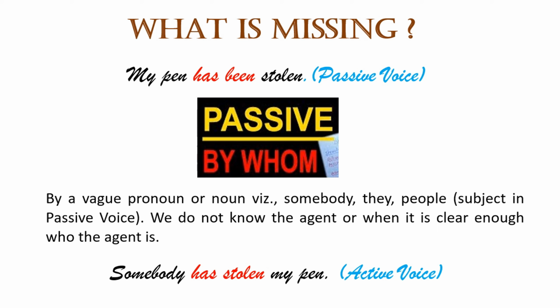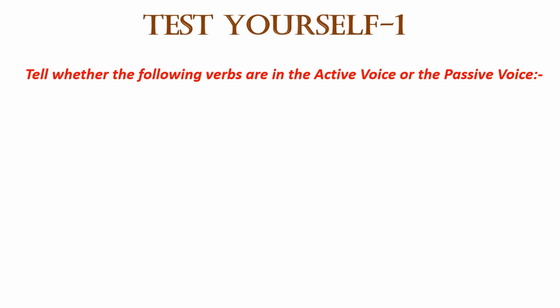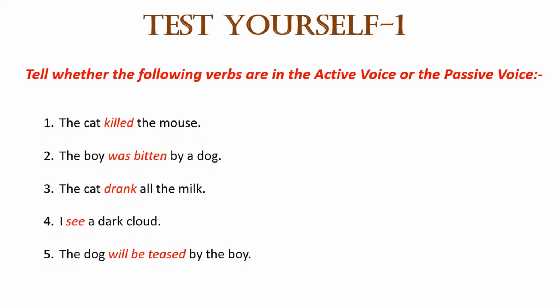So when we convert the same sentence into the active voice, it sounds like this. Somebody has stolen my pen. Tell whether the following verbs are in the active voice or the passive voice.